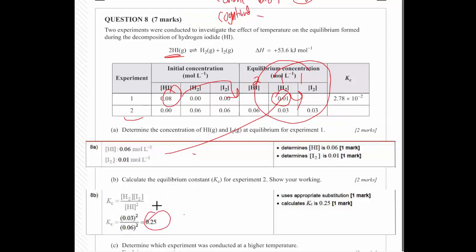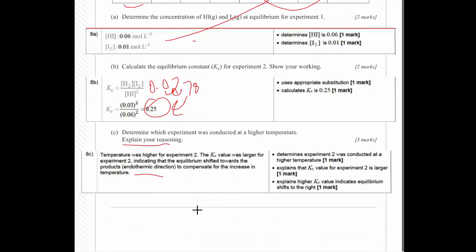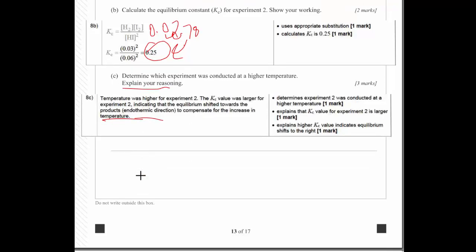And in 1, where's the Kc? 2.78. So 0.02 has gone to this, so it's increased. So the Kc is definitely increased, indicating the shift towards the products to compensate for the increase in temperature.